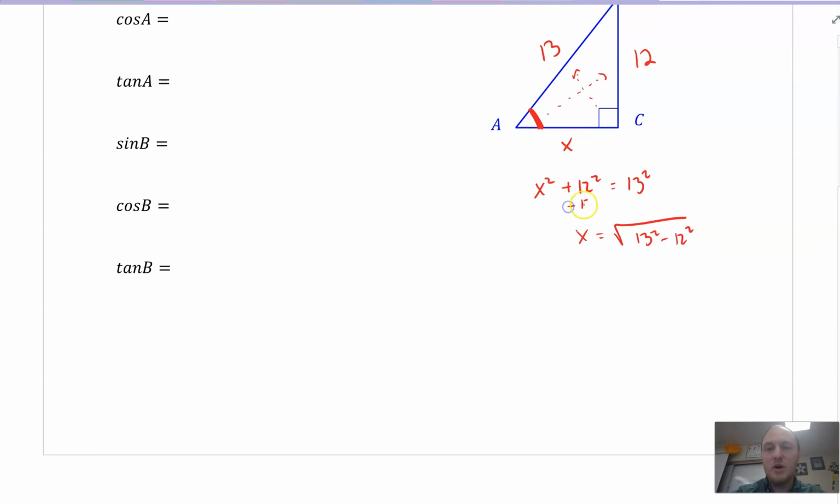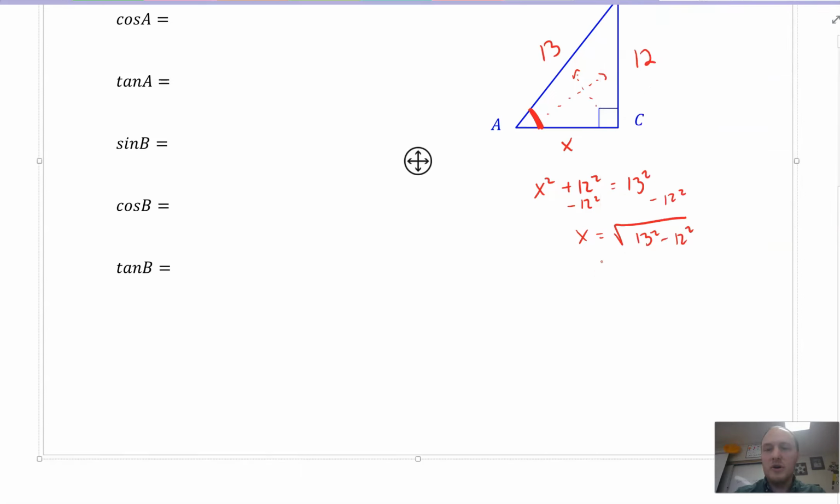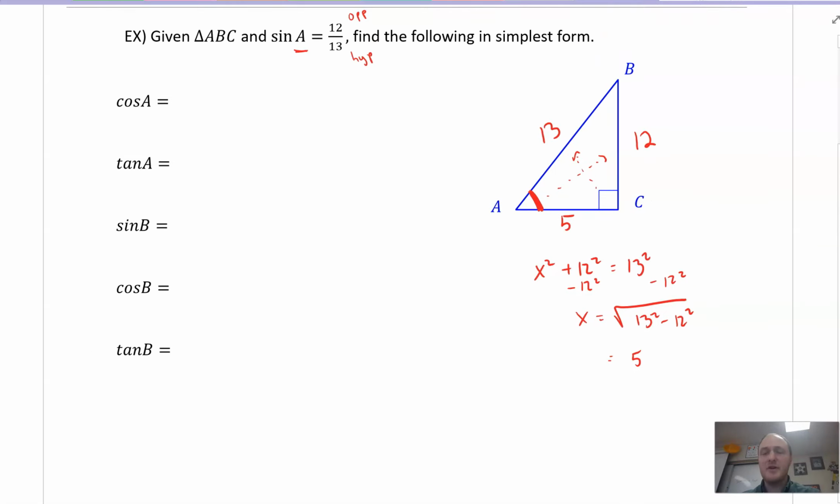Subtract the 12 squared, and then take the square root. This gives us the square root of 25, which is 5. So I can replace this. This is 5.